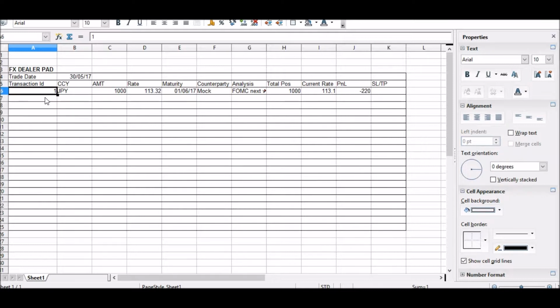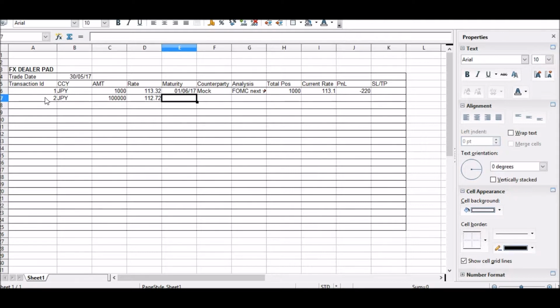So let's do that. Let's write the transaction ID, and the currency. We initiated $100,000 at 112.72 for maturity spot, which would have been, so that's in yen, 52,000 yen.